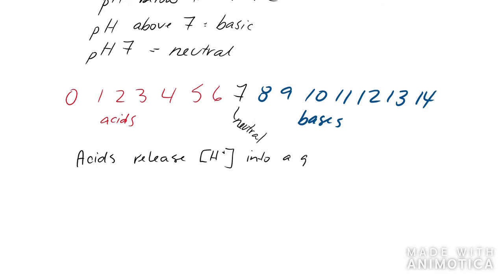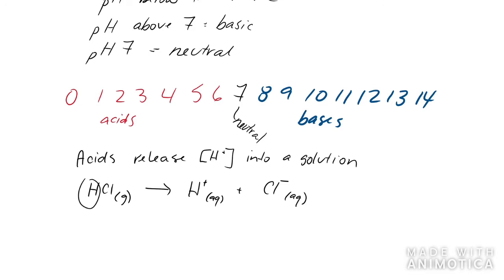So it means how much of it is being released. So if say we have HCl, which is a gas, and we put it into solution, what's going to happen is this is actually going to split up into hydrogen in its aqueous form because we put it into solution, and chlorine, again aqueous because we put it in solution. But this hydrogen is released in the form of a hydrogen ion.